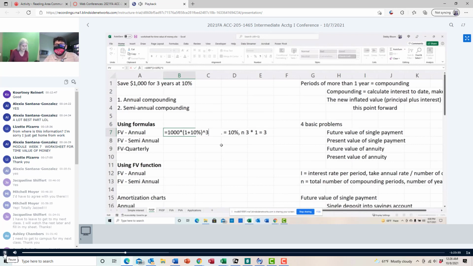I put equals 1,000 times, and it's not turning into a number. Try hitting escape and trying again and hitting the exact same keystroke. So hit escape. Just start again. I have that. Okay, equals 1000.